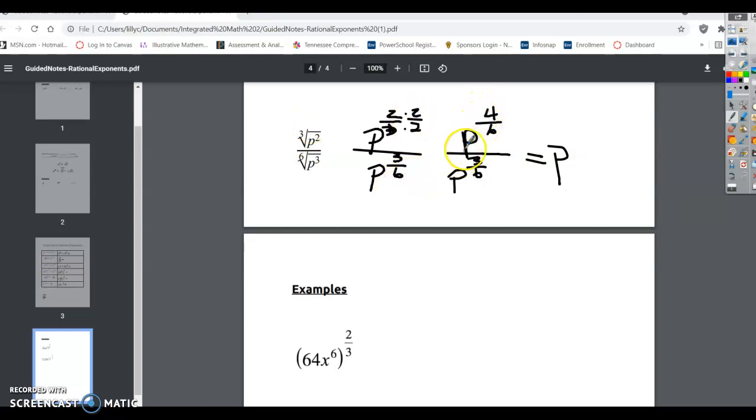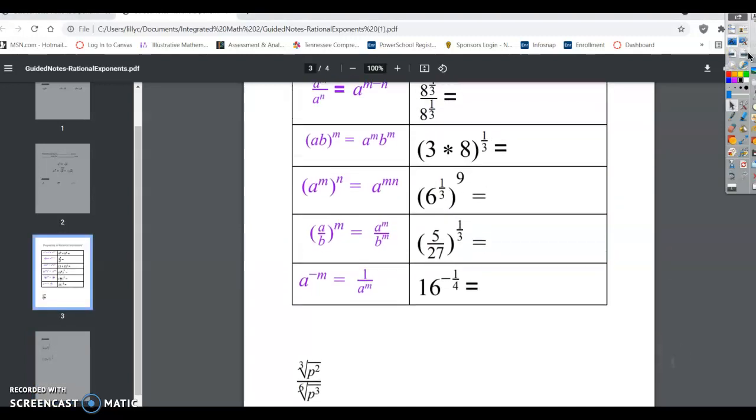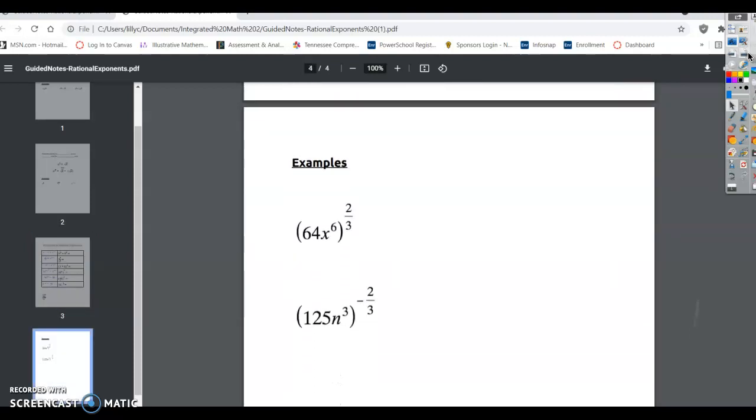So 4 minus 3 is 1/6. If you don't understand this, then go back to the second property.